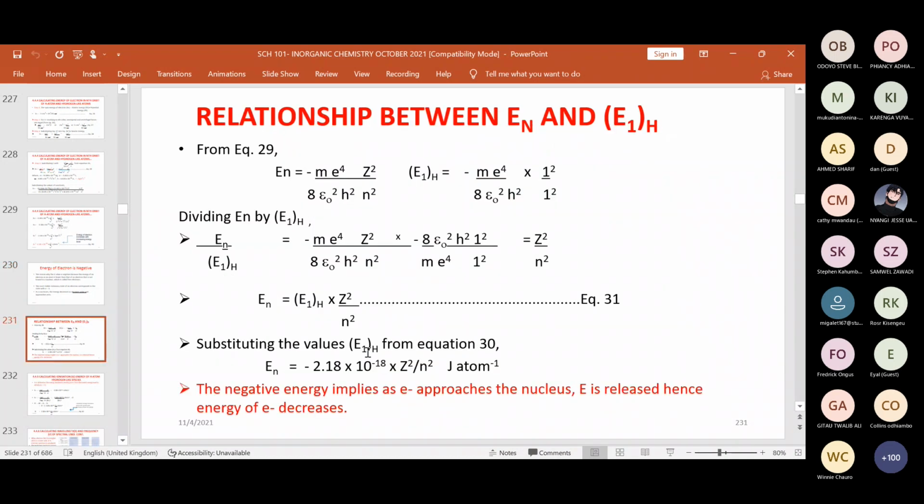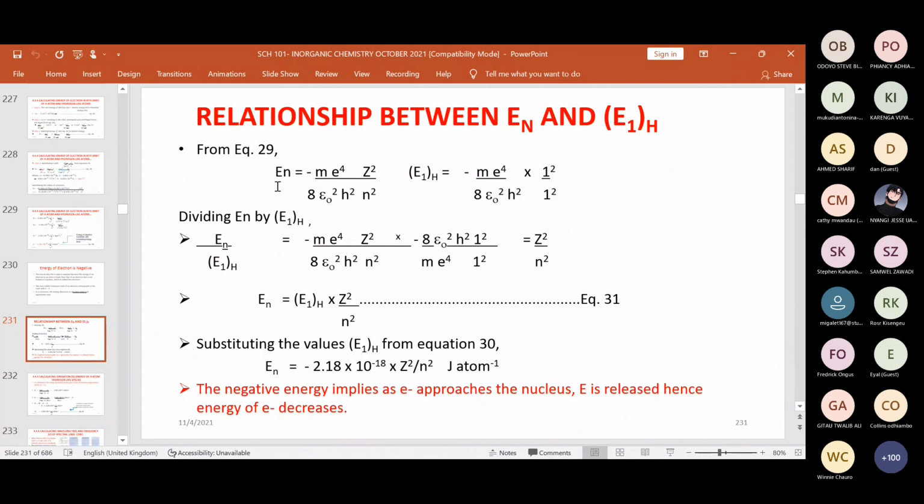You can calculate using the value we have derived. You can calculate energy for another energy level very easily by doing a simple manipulation that we are showing on the screen to end up with a simple equation. So when you need to calculate the energy of any other orbit or energy level, you remember we assume that we don't know the exact energy value, so we put En.